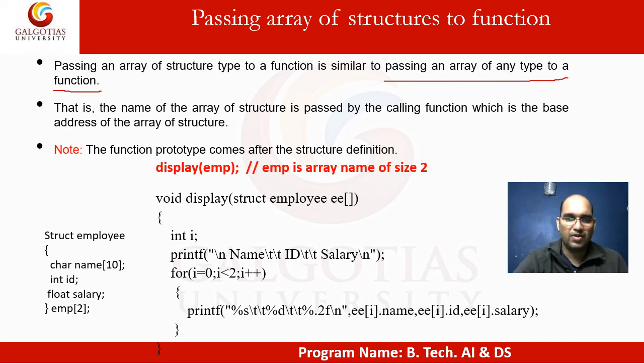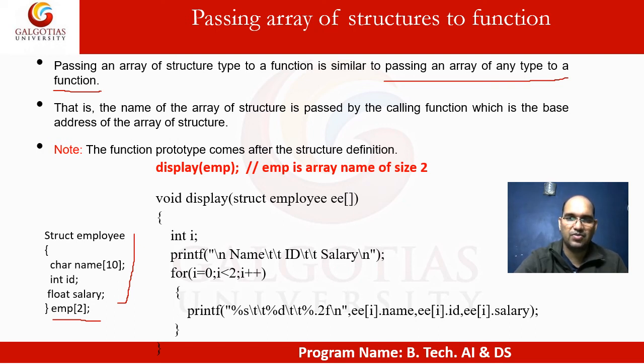So struct employee with char name[10], id, salary. This is the same example; the only difference is that in place of a single employee, we are using an array of structures, employee emp[2]. It means it can store two similar structures, one at index 0 and one at index 1. Display employee: we are just passing the name emp as we do with an array.